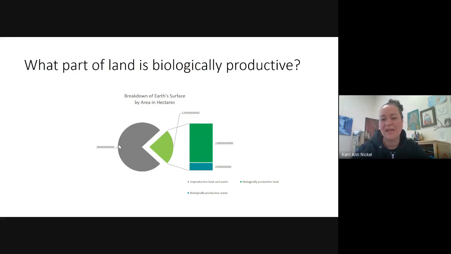So we actually can't use it. This includes a lot of the ocean. It includes things like paved parking lots or the tops of mountains where you can't really grow anything. And so biologically productive areas on Earth only make up about 12 billion hectares, which is still a good size compared to the land that we live on, but it is less than a quarter of Earth's surface.